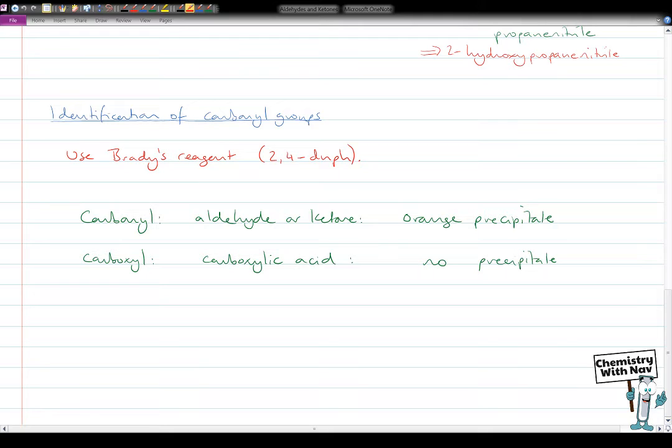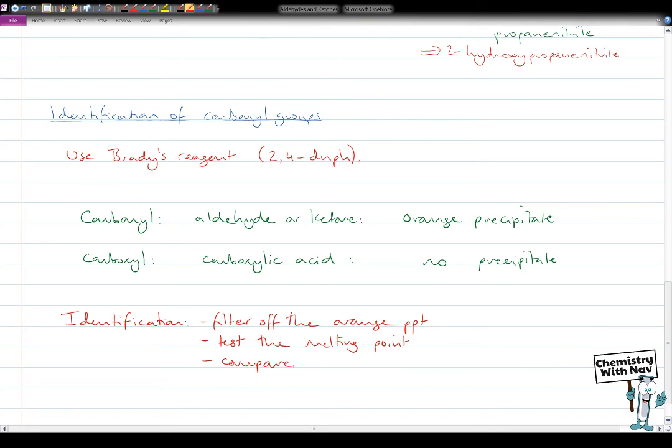So if you've got an aldehyde or a ketone, you get this orange precipitate, and the identification part is you filter off the orange precipitate, you test for the melting point, and you compare the melting point to data book values.